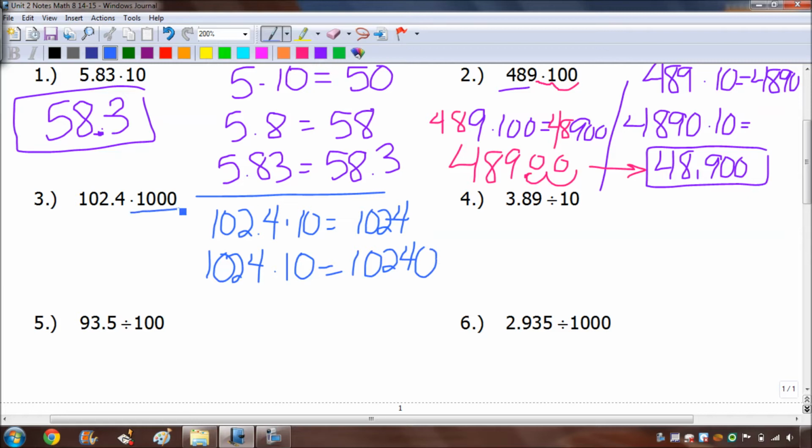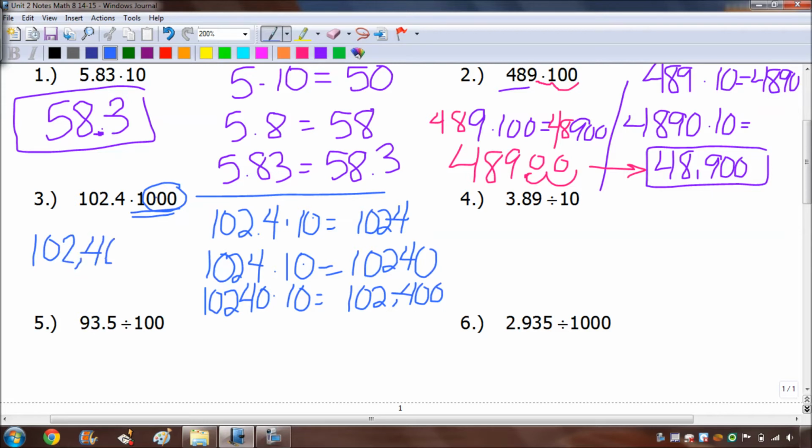Now, hopefully you know how many times you need to get to 1,000. You need 3 of them because there are 3 zeros here, right? So you have to multiply by 10 3 times. So if I take 10,240 and multiply that by 10, you get 102,400. Okay? So my answer to this is 102,400.